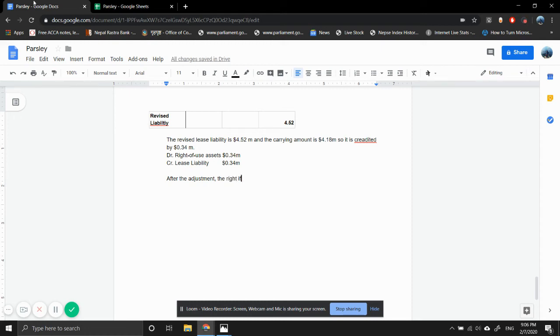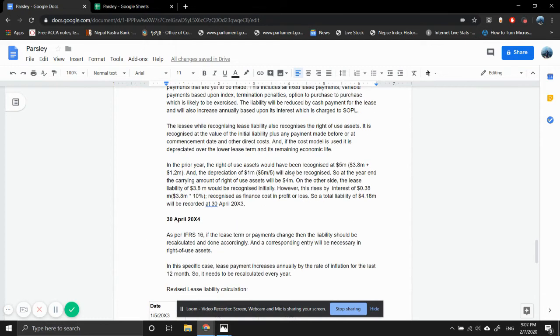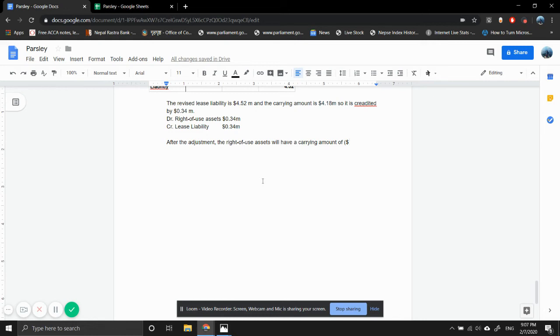The right of use assets will have a carrying amount of 4 million, because we had one depreciation over here, plus 0.34 million, 4.34 million.